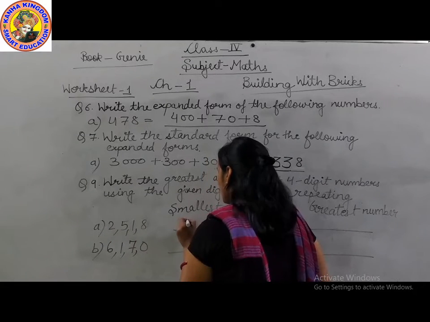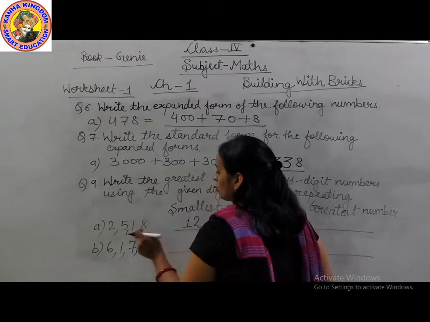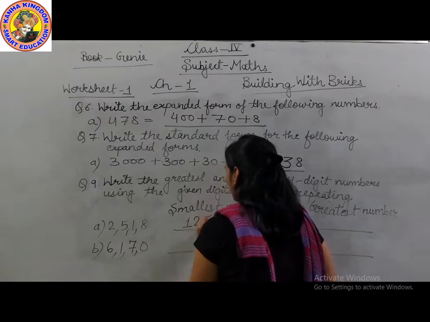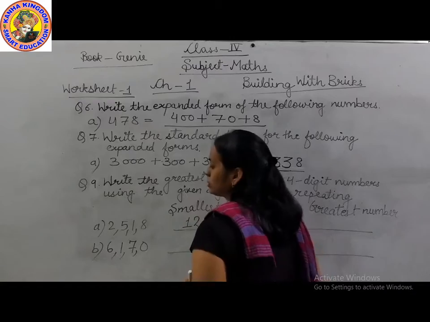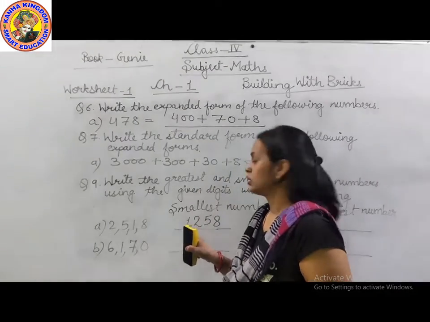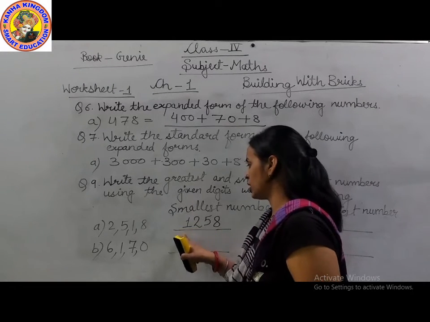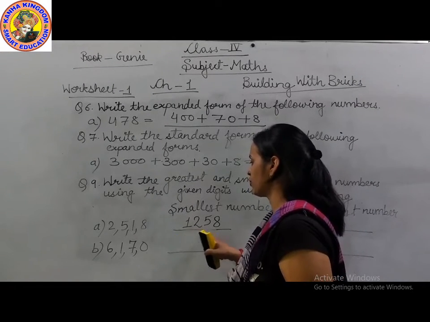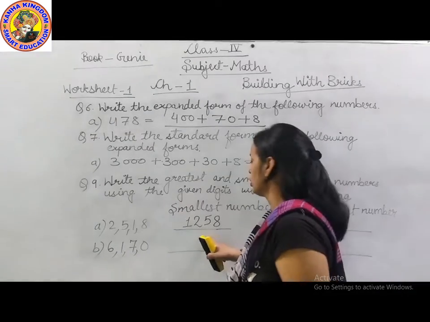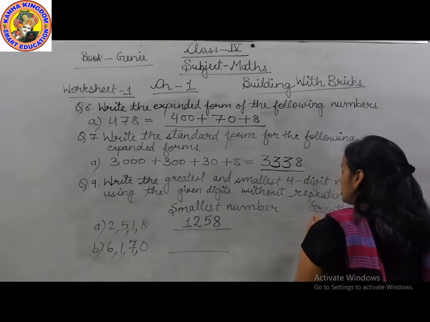2518. So first we write 1, 2, 5, 8. Okay, we write the numbers 1, 2, 5, 8 means 1258. Now we make the greatest number.